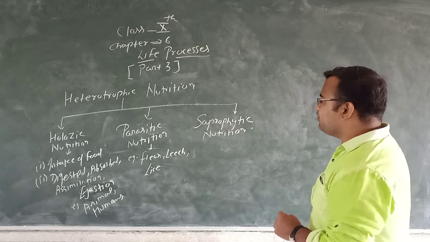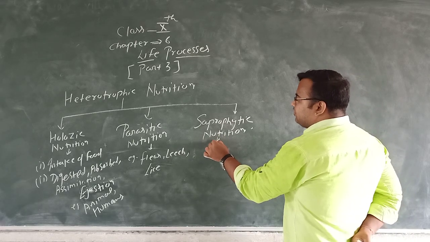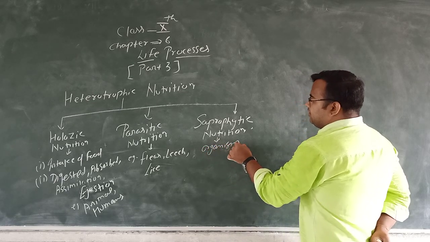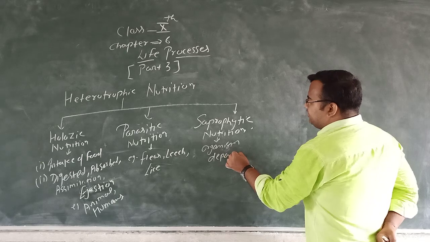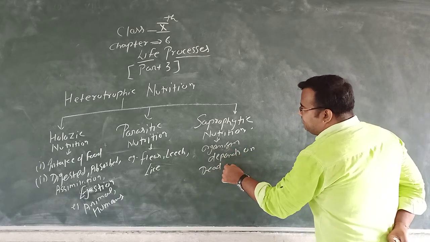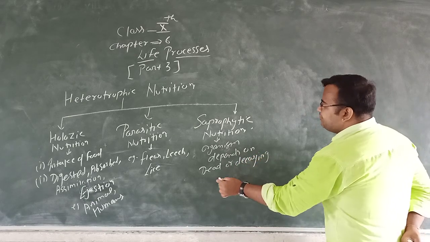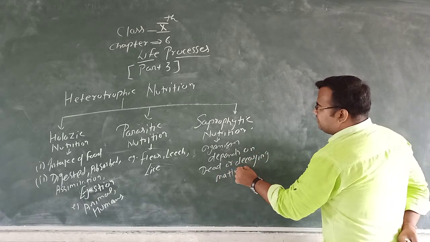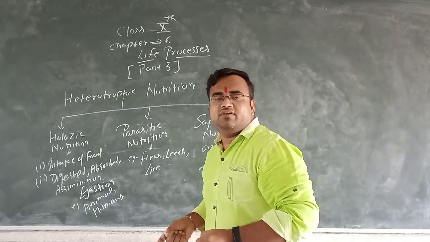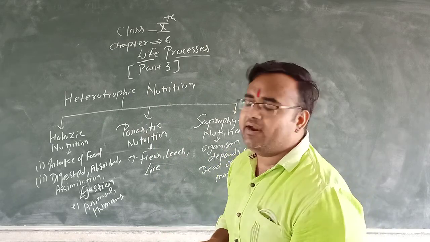And finally the saprophytic mode of nutrition. In the saprophytic mode of nutrition, organisms depend on dead or decaying matter. It is the mode of nutrition in which organisms depend on dead matter or decaying matter.